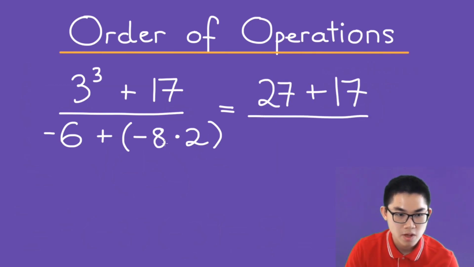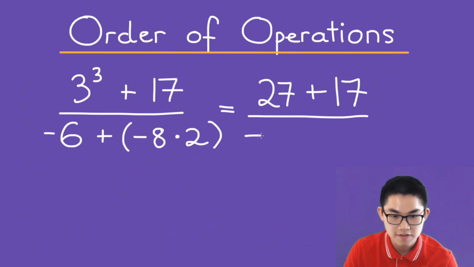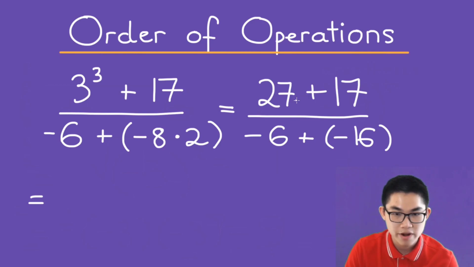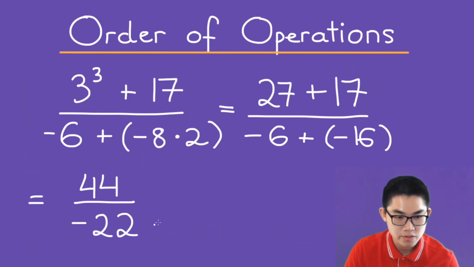At the bottom, we have negative 6 plus negative 8 times 2, which gives us negative 6 plus negative 16. So at the numerator, we're going to have 44. And the bottom, we have negative 22. So 44 divided by negative 22 will give us negative 2.